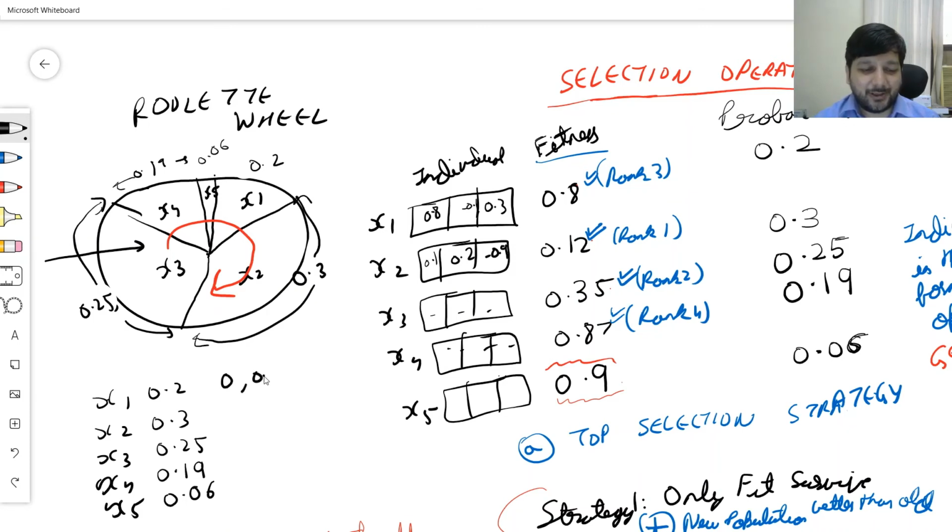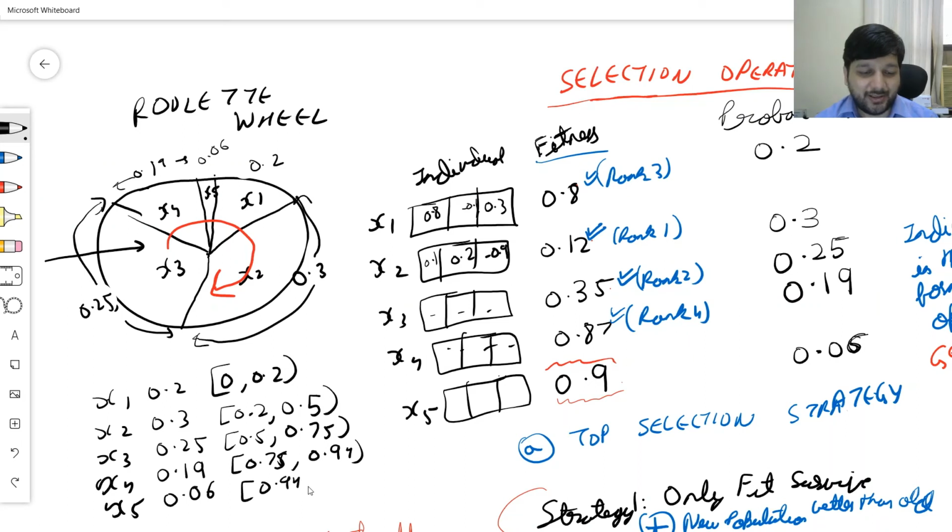So 0 to 0.2 is the first individual, 0.2 to 0.5 is the second individual. From 0.5 to 0.75 is the next individual. From 0.75 to 0.94 is the next, and 0.94 to 1 is the last individual.